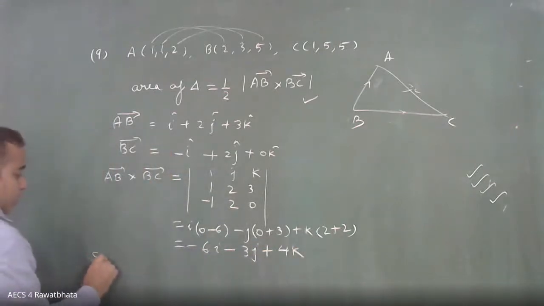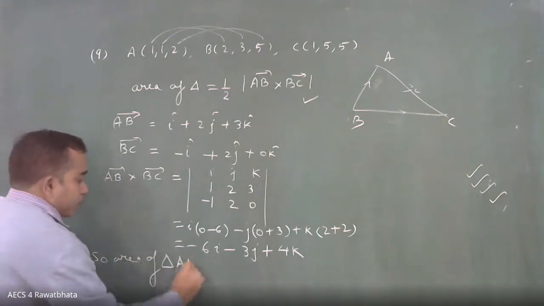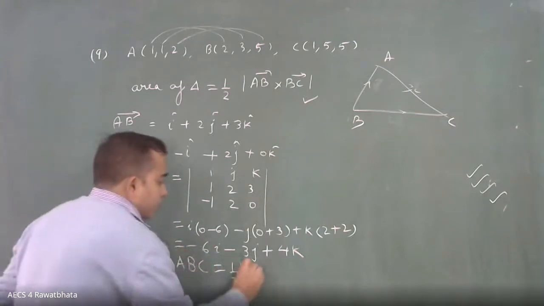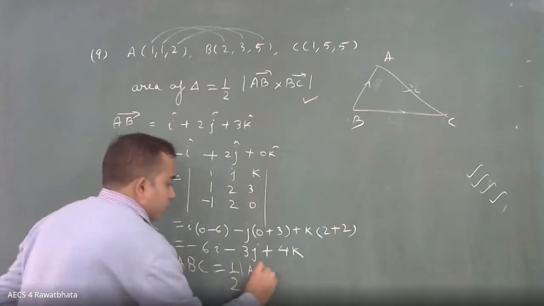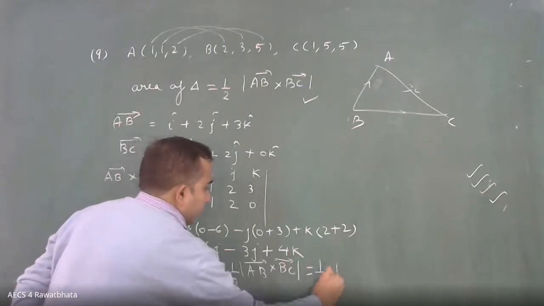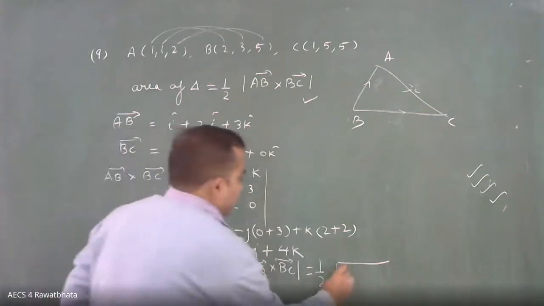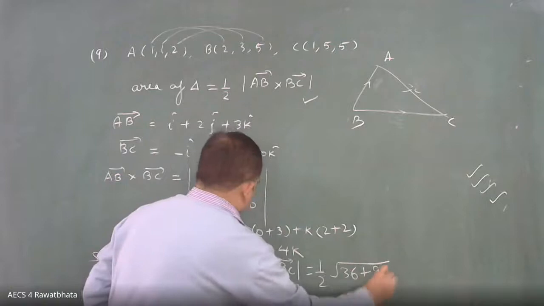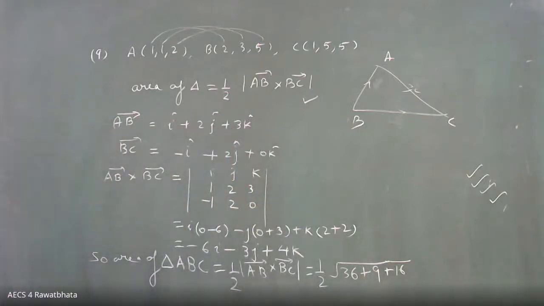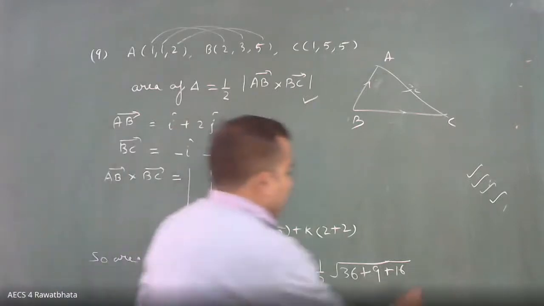So area of triangle ABC will be half the magnitude of AB cross BC. And half its magnitude, if you find, it will be how much? It will be root of 36 plus 9 plus 16. How much is it? 36 plus 25 is how much?